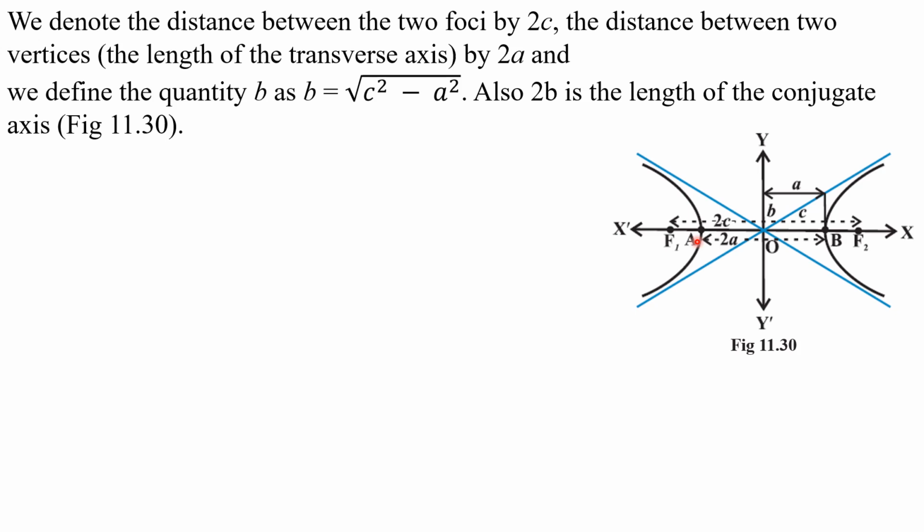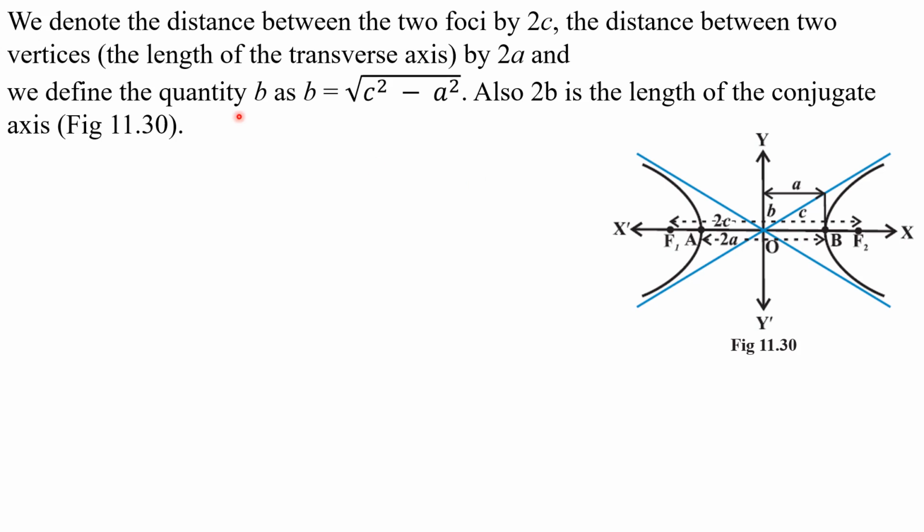What are the vertices of the hyperbola? Here point A and point B. So the distance between these 2 points A and B is denoted by 2a. So the length of the line segment AB is equal to 2a, and this is also called the length of the transverse axis. Length of the transverse axis of the hyperbola is equal to 2a. Please remember this point, my children.